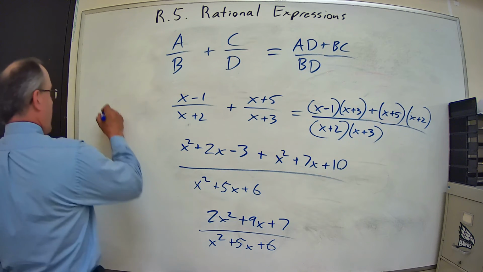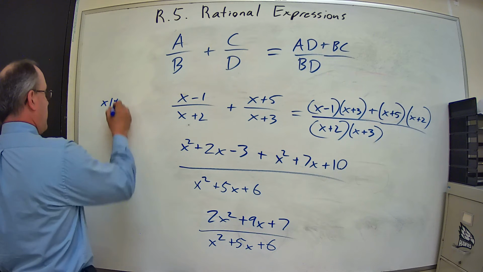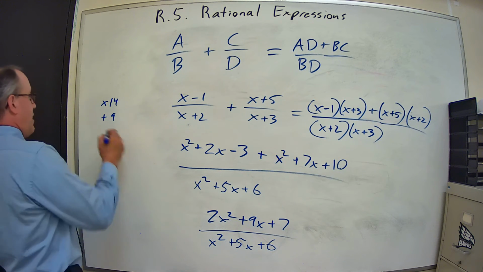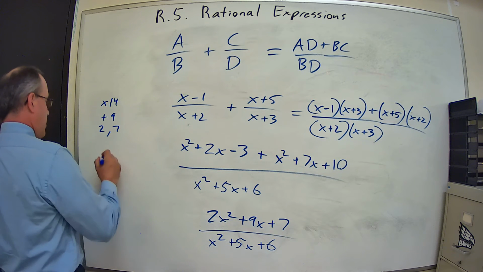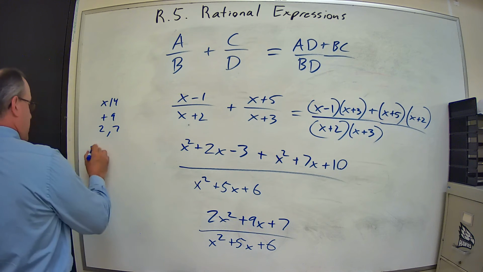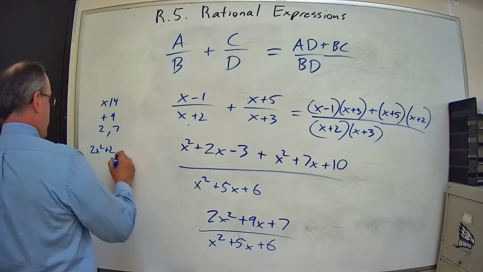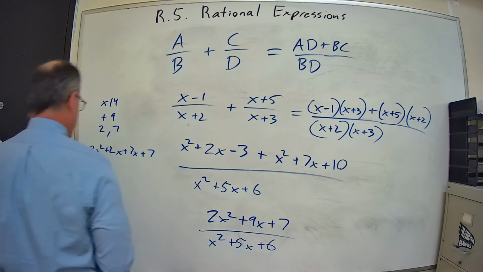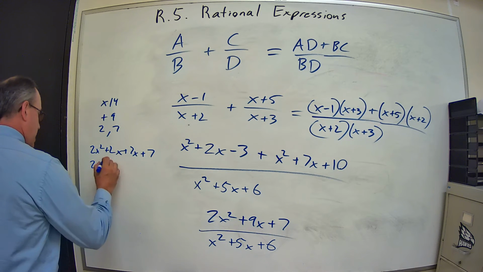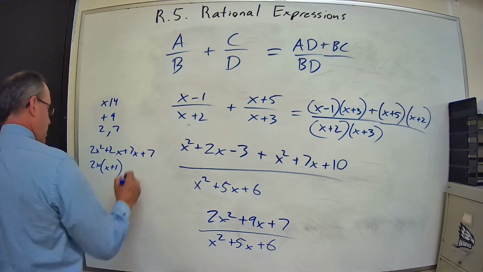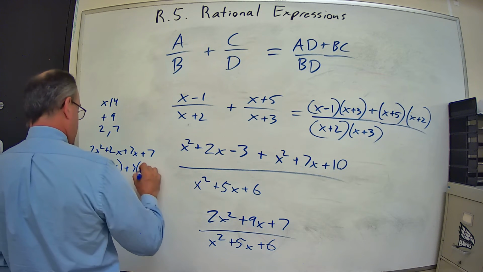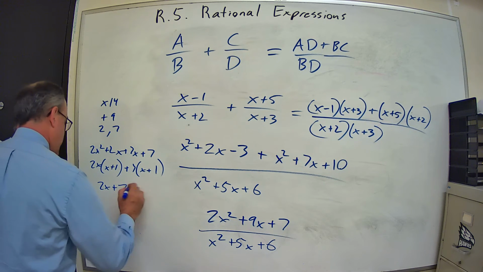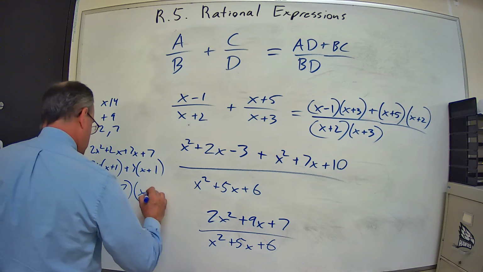So we want multiplies to 14 and adds to 9. That's 2 and 7. So we have 2x squared plus 2x plus 7x plus 7 gives us 2x times x plus 1 plus 7 times x plus 1, giving us 2x plus 7 times x plus 1.